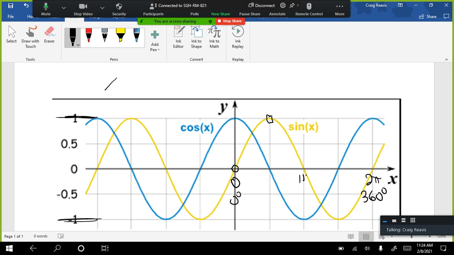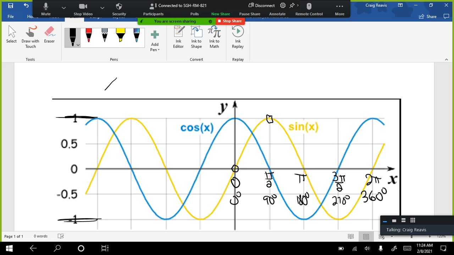Halfway from that is pi, 180 degrees. Halfway in between that is pi over 2, which is 90 degrees. And halfway in between that is 3 pi over 2, which is 270 degrees. Okay? So we're going to use the standard, and we're going to base everything we draw off of that.